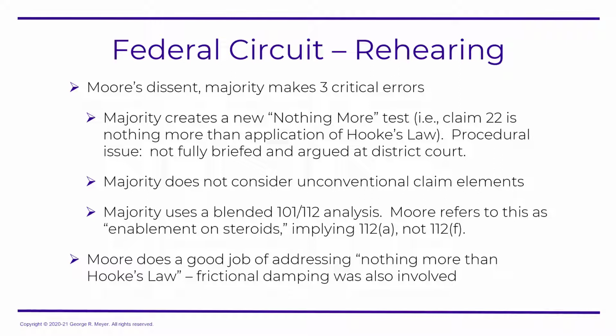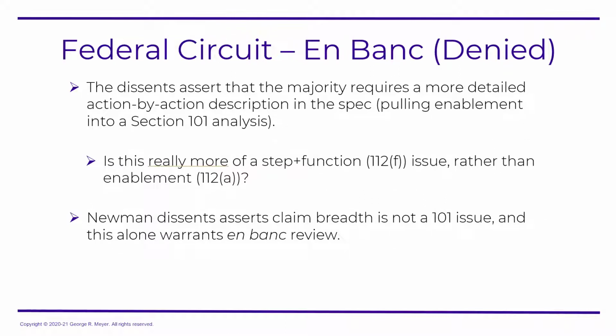But overall, Moore does a good job of addressing the nothing more than Hooke's law because she points out frictional dampening is also involved. The dissents assert the majority requires a more detailed action-by-action description in the spec, pulling enablement into a 101 analysis. I don't think that's the case.